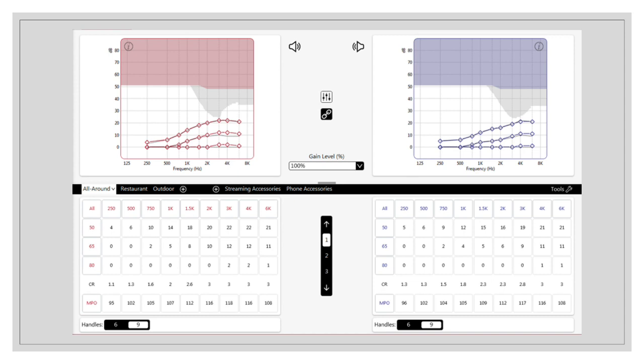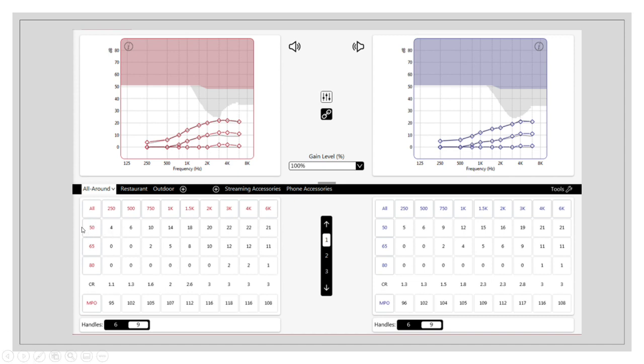That means we not only have frequency specific gains, but we also have input level specific gain. We divide the input range into three categories: low, mid and high. And we have a specific set of gain values across frequencies for these three different categories. That is what is shown here.